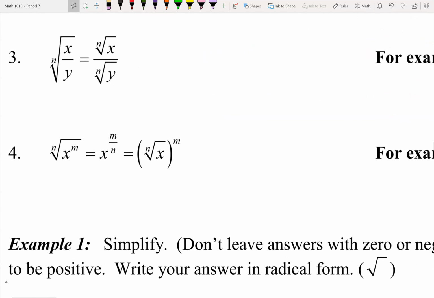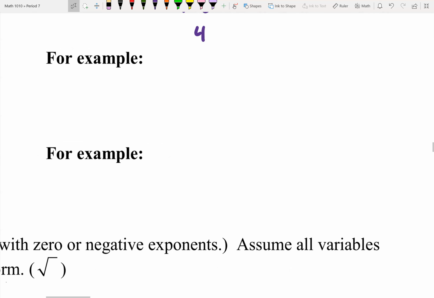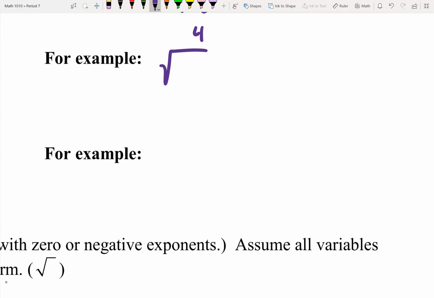Okay, this one right here, same thing with division. If they're together and it's not working out, you can separate them. Or if they're separate and it's not working out, you can pull them together. Here's an example. Look at this. The square root of 25 over 16. Well, 25 and 16 don't reduce, so together, it doesn't work out.